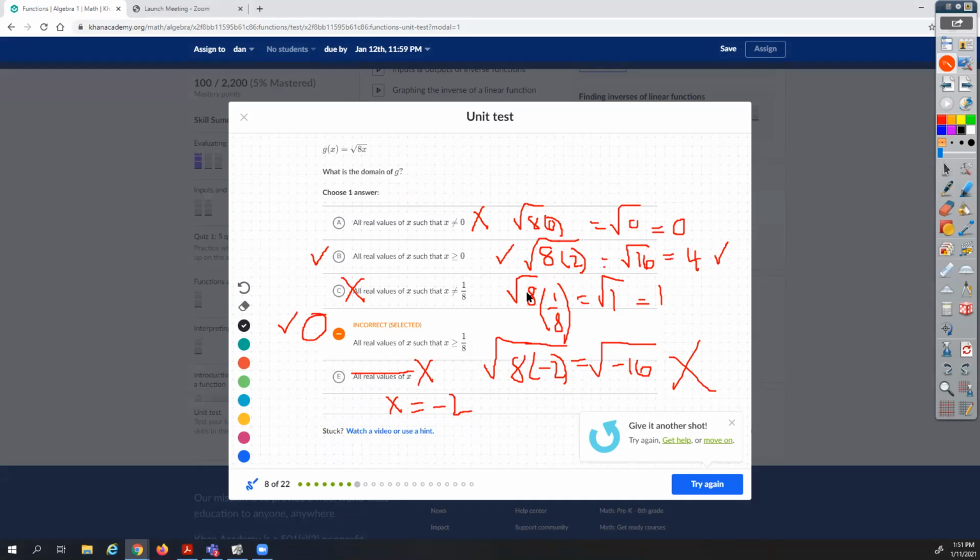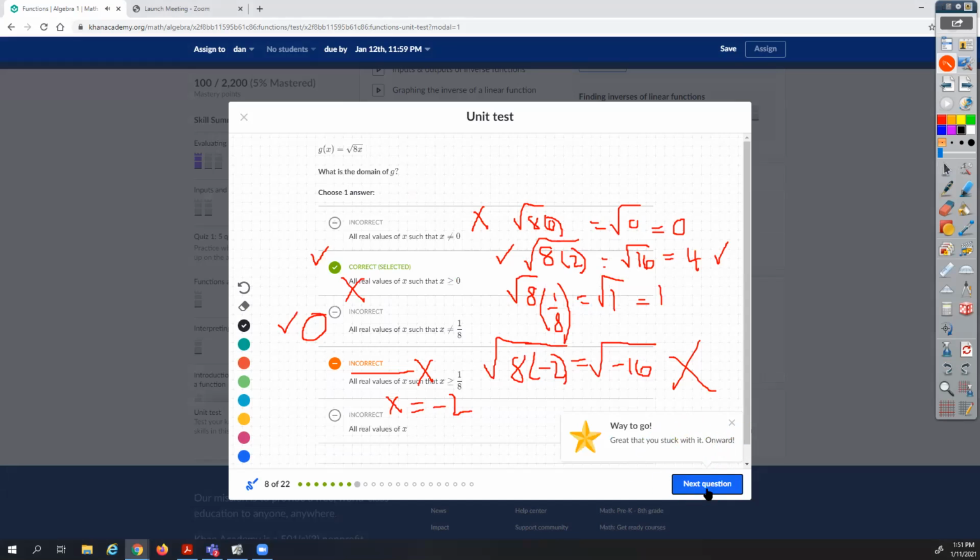Not D. Let me see, B. Let me see why. All real values of X, and it says X is equal to 1/8. Did I miss something here? Let me see. All real values of X such that X is greater than or equal to 1/8.